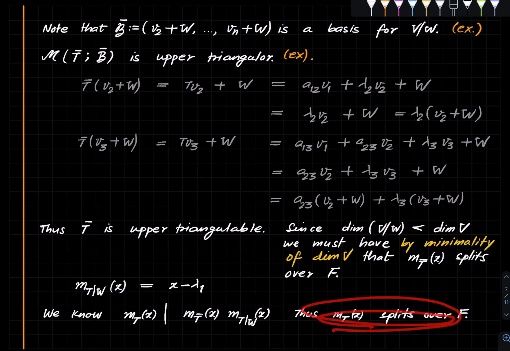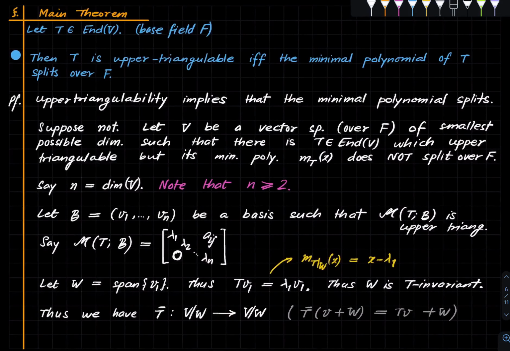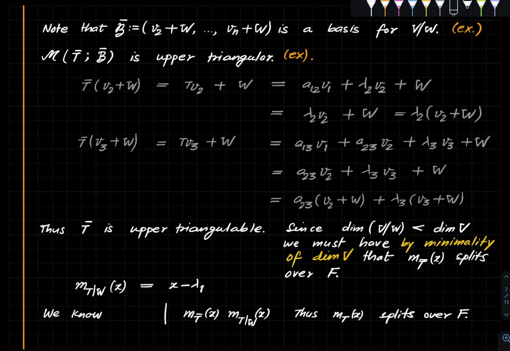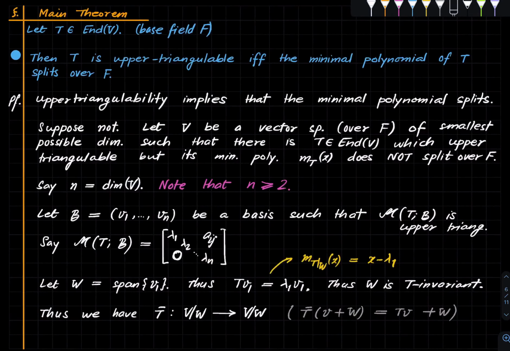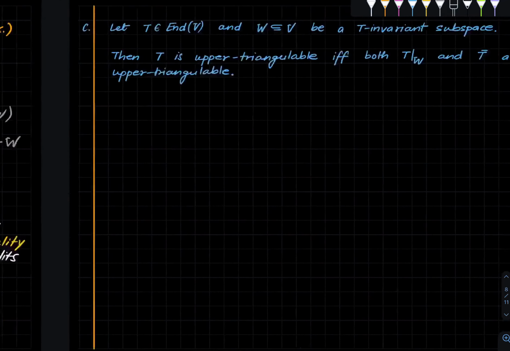That's a basic polynomial fact. So this direction is proven. This brings us to a contradiction. We had assumed that the minimal polynomial of T does not split, but we are proving that it does indeed split, and therefore this direction of the proof, that upper triangulability implies the splitting of the minimal polynomial, is proven. So now we want to do the other direction.